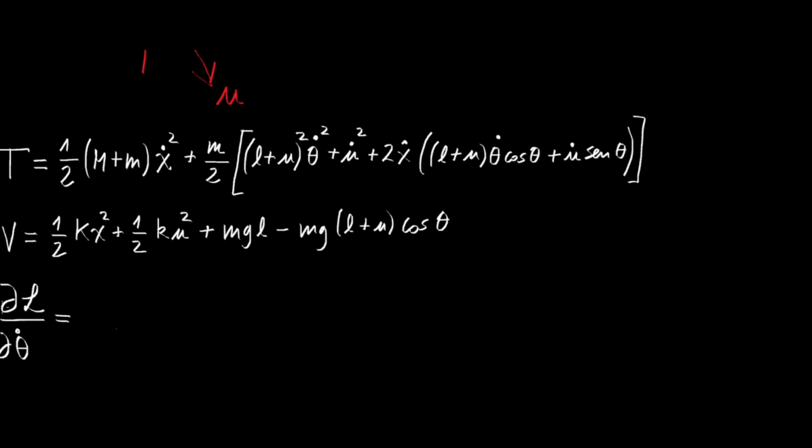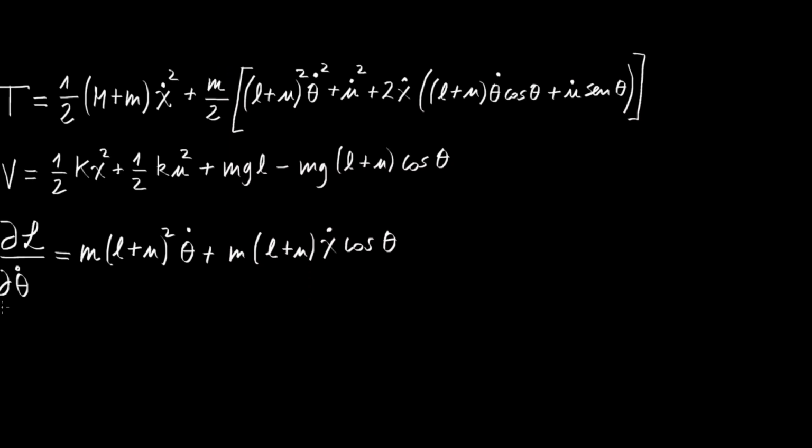Taking this partial derivative, we obtain the following result. First, m times (L plus u) squared times theta dot, and the second term comes from the big parenthesis, which is equal to m (L plus u) x dot cosine of theta.